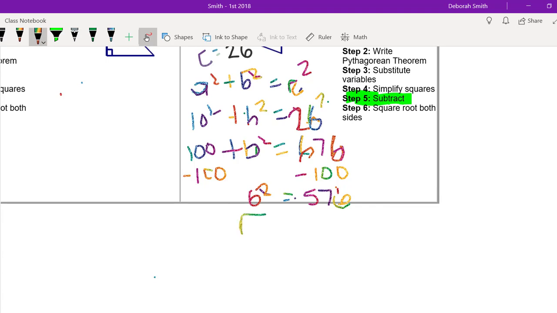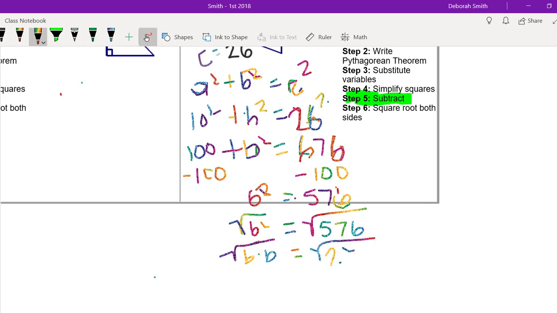So square root b squared and square root 576. So this breaks down into b times b inside the radical, and this breaks down to 24 times 24 inside the radical. Only one is going to survive the radical, so this is b, or the square root radical specifically.